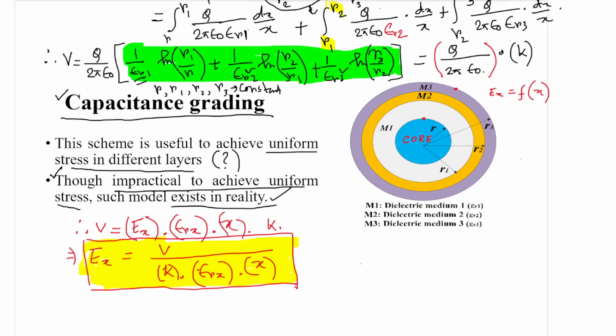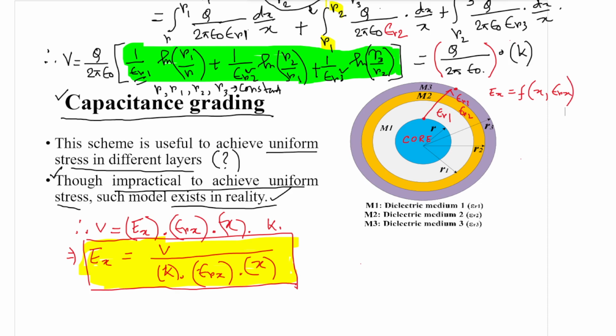However, we have seen that if we traverse in this zone, we encounter three different dielectric media: first epsilon r1, second epsilon r2, and lastly epsilon r3. So Ex is not only a function of distance x, but also a function of epsilon r.